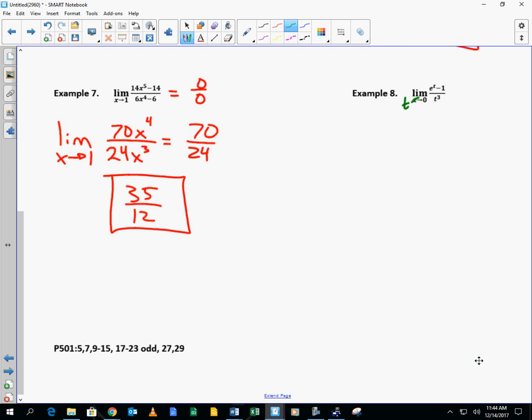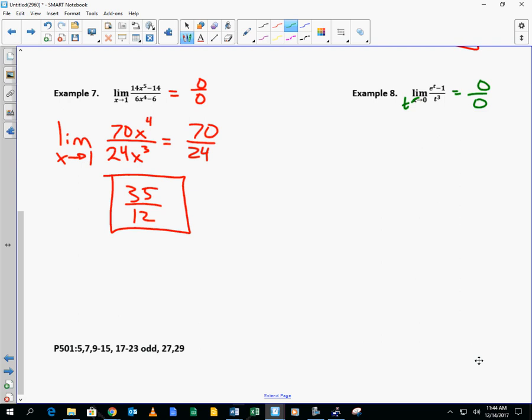Okay, here we go. So example 8, limit as t goes to 0 of e to the t minus 1 over t cubed. Let's start by plugging in 0. Because e to the 0 minus 1 is over 0. Hey, what is 0 over 0? That's a really good question. We don't know. It's an indeterminate form.